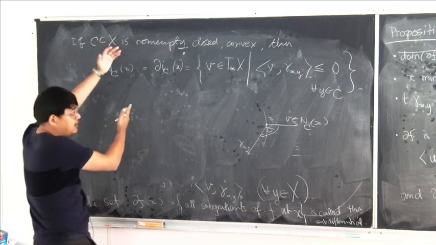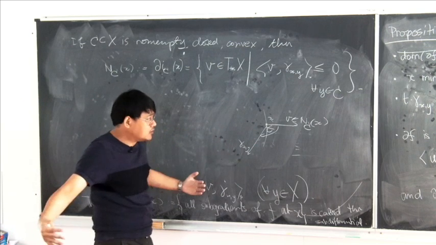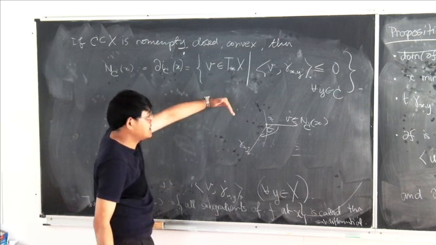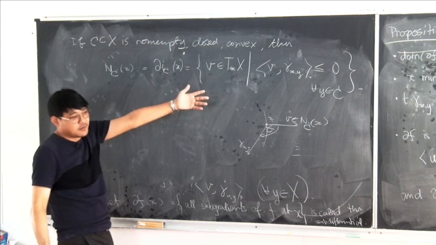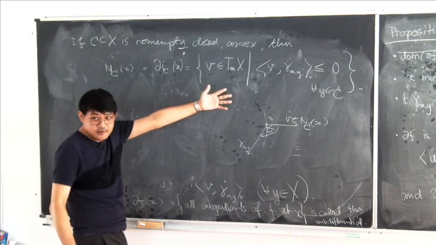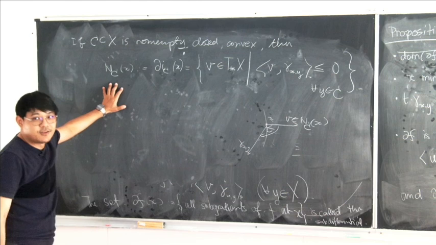But this is a normal cone. It is a cone containing useful directions, the directions making obtuse angles with directions inside C. So if it only contains 0_x, in other words if it's trivial, then there is no use of considering the normal cone.